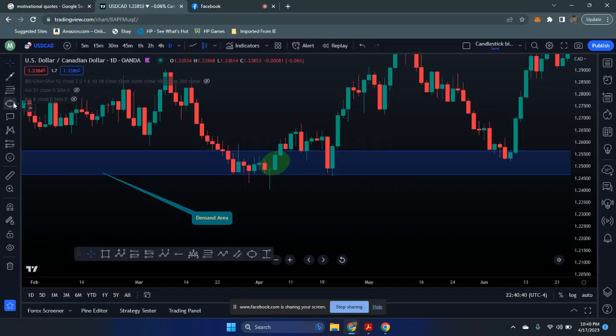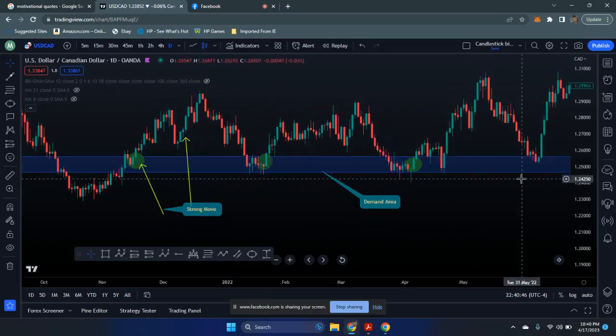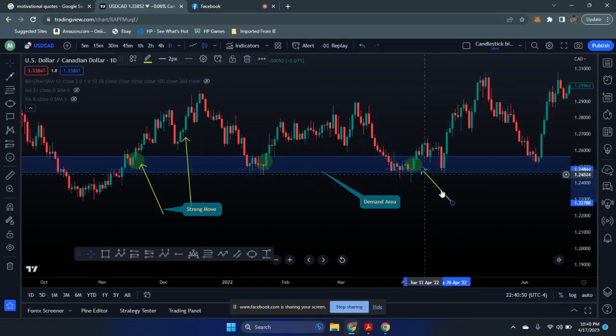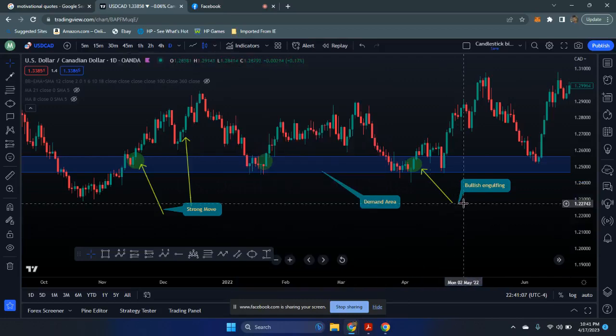Alright, so that's how you be able to use your bullish engulfings and your bearish engulfings with your supply and demand zones. Alright, make sure you guys are doing your homework.